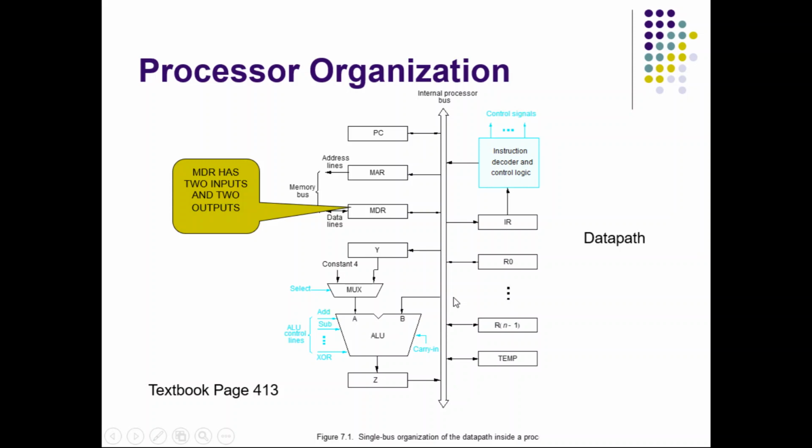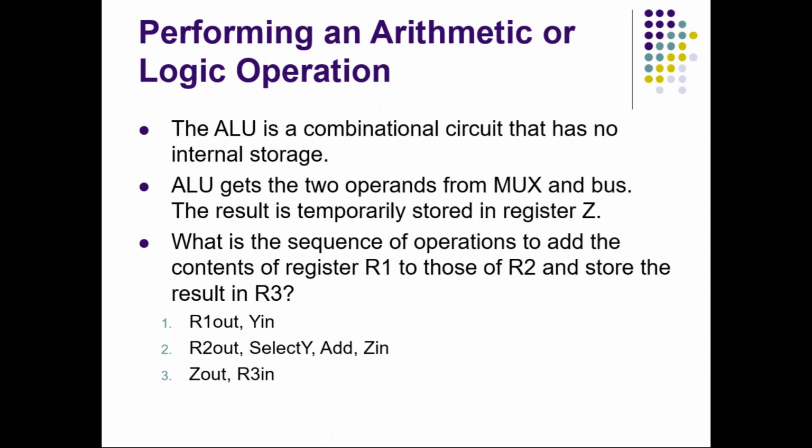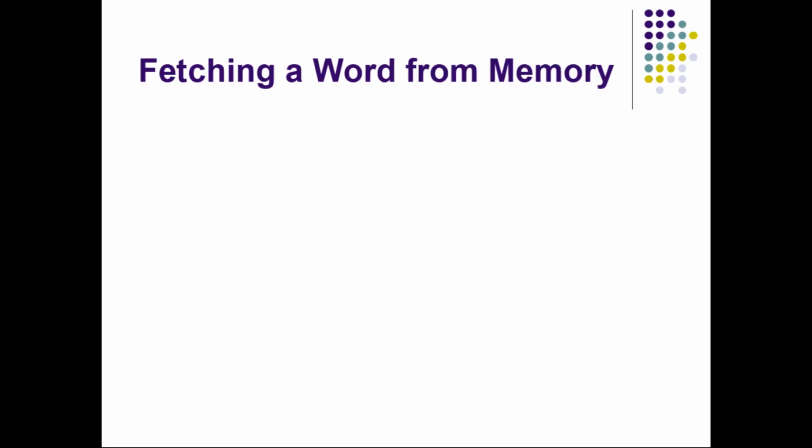Considering this architecture where there is only one internal bus, if you see there is only one bus, then how these two things will be done, that is execution of a complete instruction and how a branch instruction will be done. That's what we'll be discussing in the first two subtopics which we are going to discuss in this lecture.